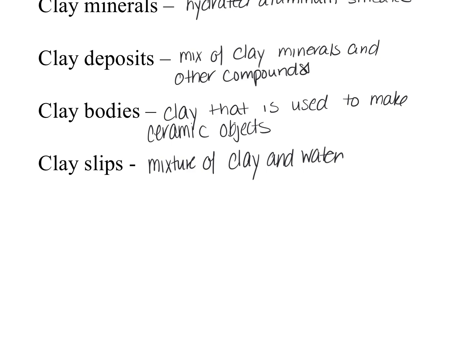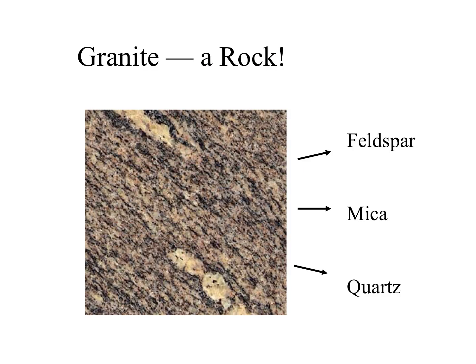I want us to talk about the clay minerals first. An example of an aluminum silicate mineral is feldspar. Feldspar is part of granite. So you can see granite here. Granite is a rock. It can break down and form clays.